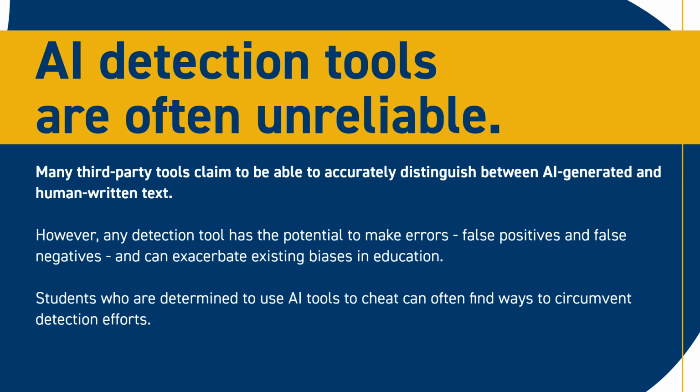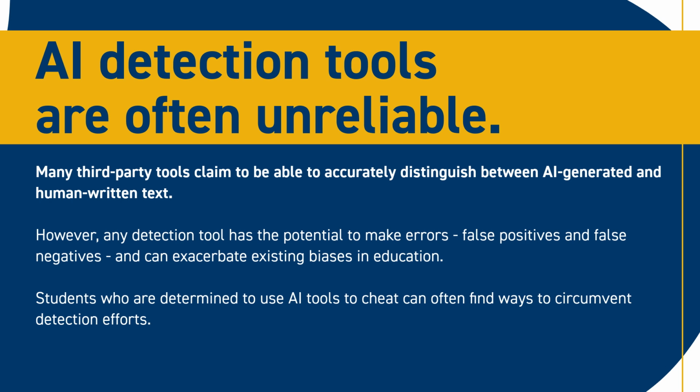And the way that these tools determine whether or not text was AI generated or not, I would imagine if I were an administrator, I wouldn't consider it to be proof that would stand up if somebody brought forth Turnitin's plagiarism score, because there are so many ways that it could be wrong. And also, there are biases in education that exist already that these tools can end up exacerbating.